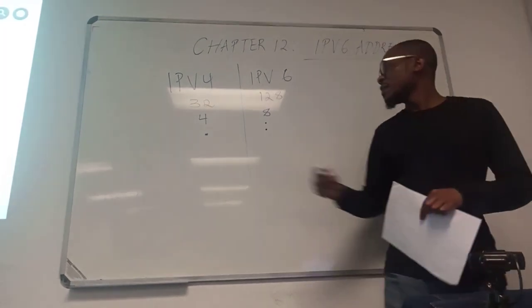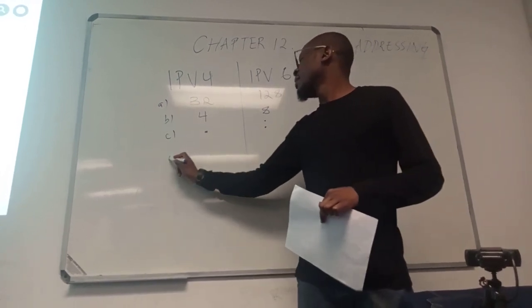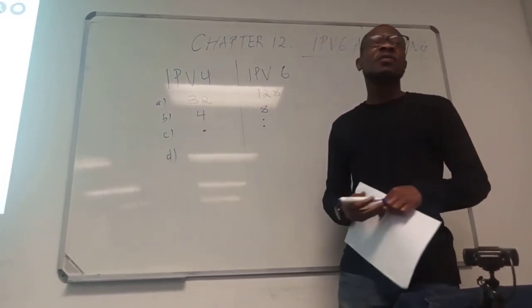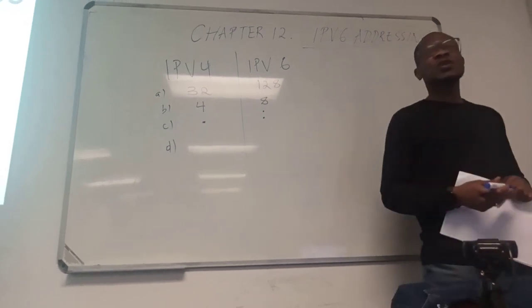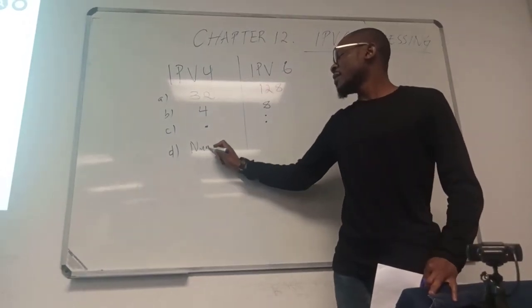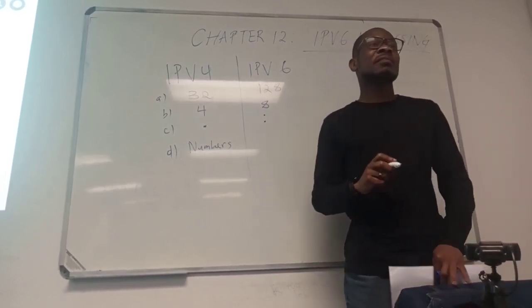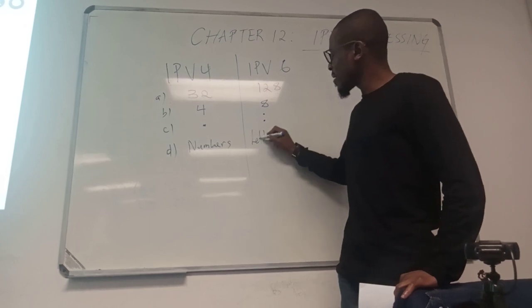Right? So A, B, C, D. For IPv4, are we using letters? No, we're using only numbers. But here we are using letters and numbers. Letters plus numbers.